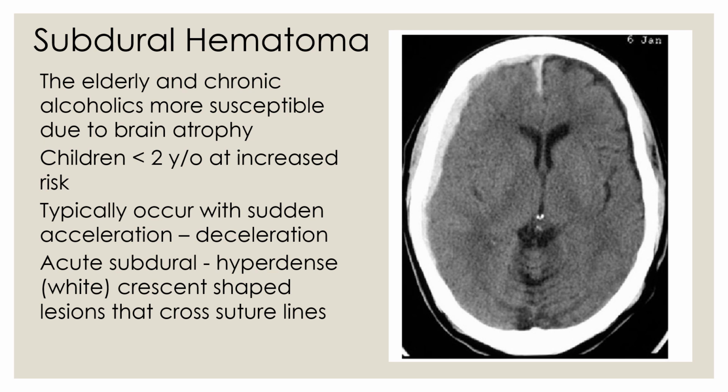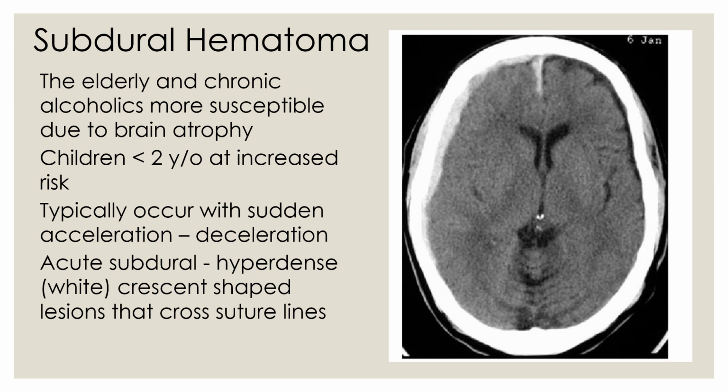Remember that initial imaging is a non-contrast head CT. So if you suspect a subdural hematoma, you might want to add IV contrast to your CT or get an MRI.